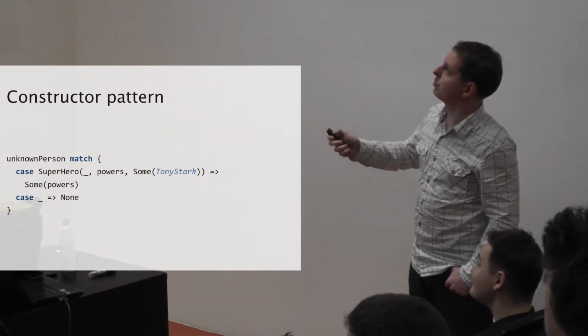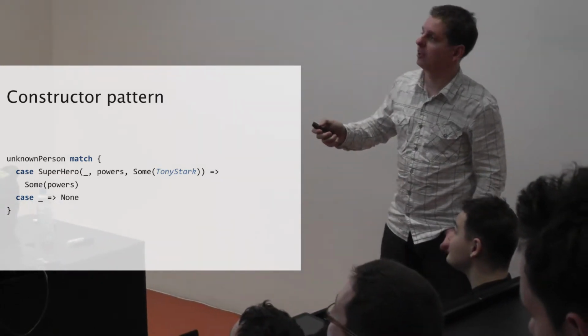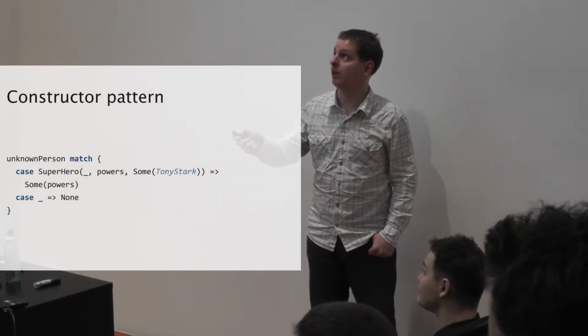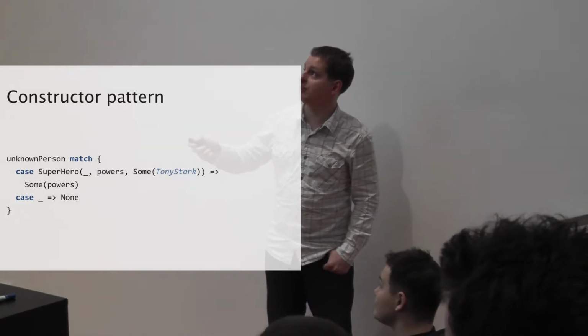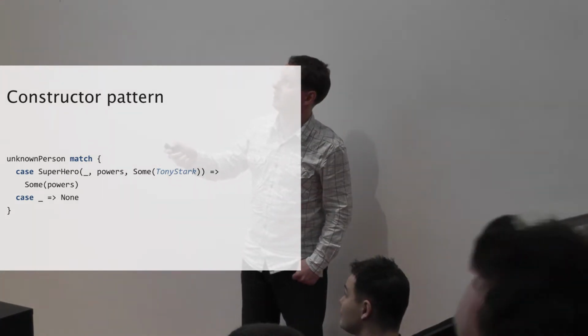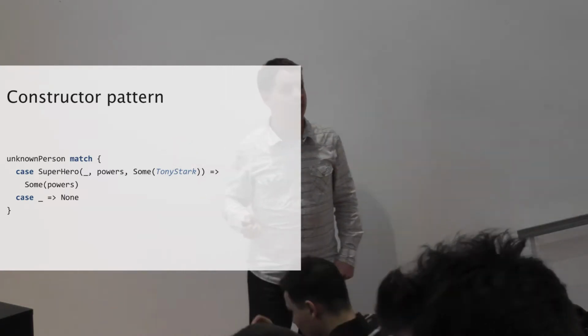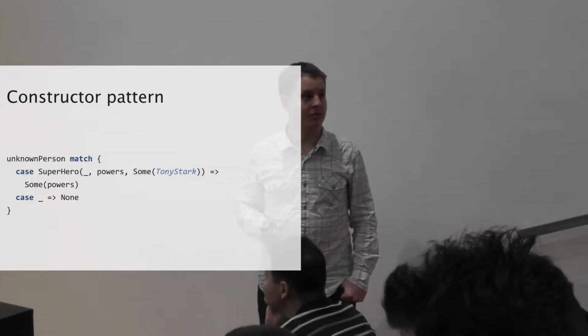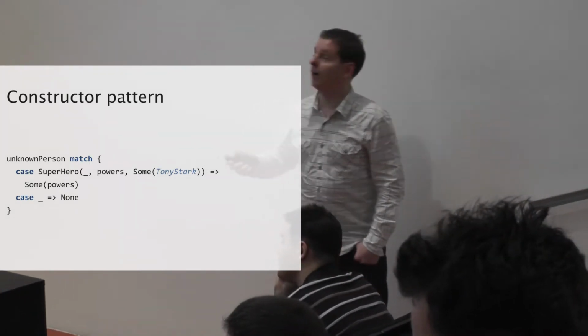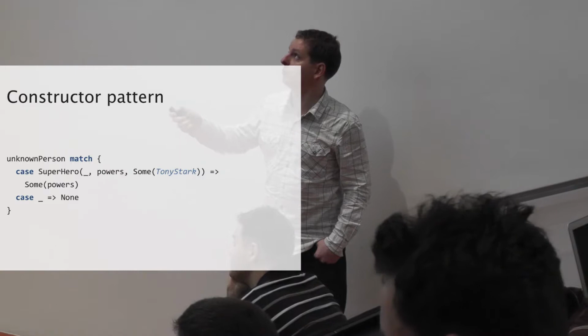So this branch matches any value that is of type Superhero. Its first attribute name is anything, we don't care. Its second attribute powers is anything again, but we want to extract it. And the third parameter is Some Tony Stark.